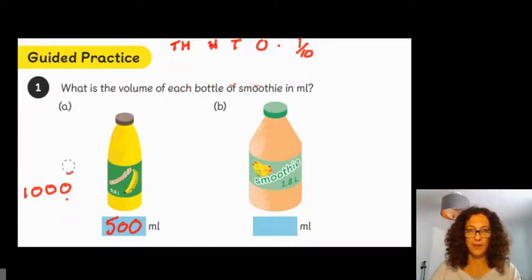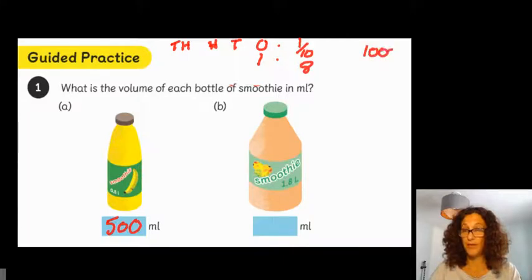1.8. How about 1.8? Pause the video now and have a go at that. And welcome back. Let's put 1.8 in on our place value chart. We're multiplying by 1,000. How many zeros in 1,000? There are 3. So we're moving it 3 spaces to the left. So let's do our 1 first. 1, 2, 3.